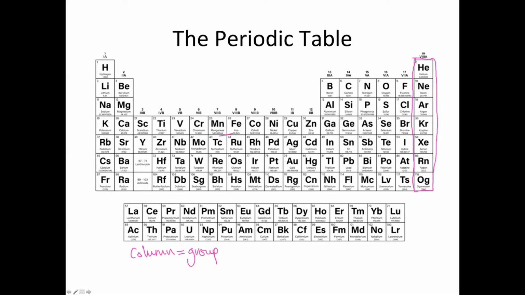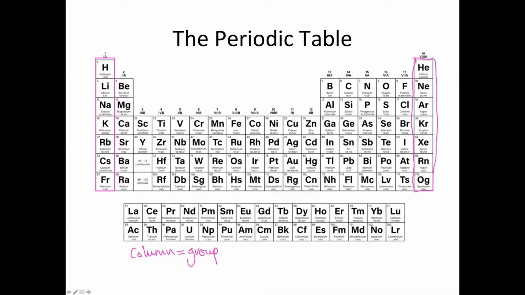Now there are 4 groups in the periodic table that you need to learn. And all the groups have group numbers and group names. So if we start over here, drawing straight lines, this group here is group 1.